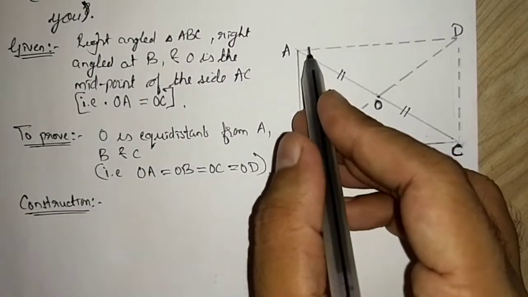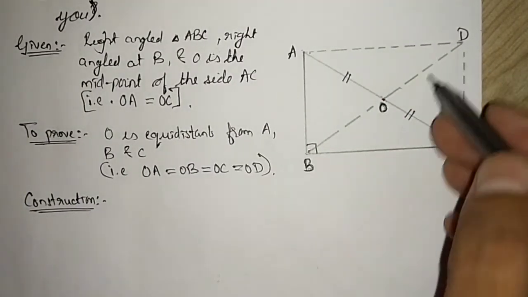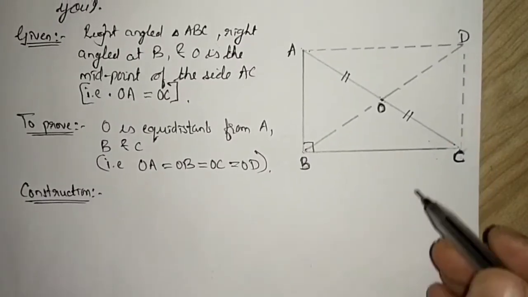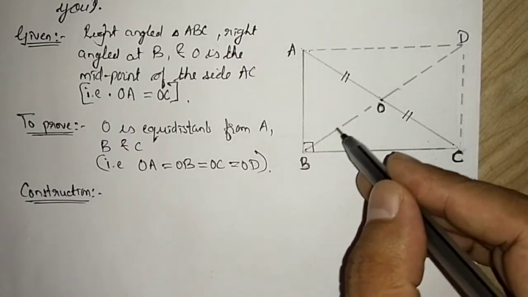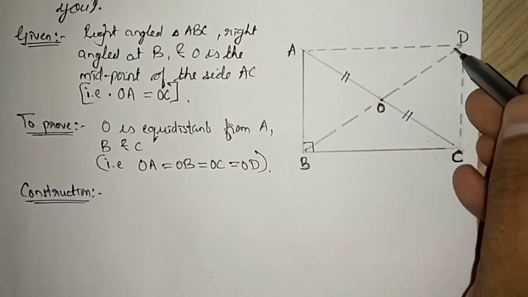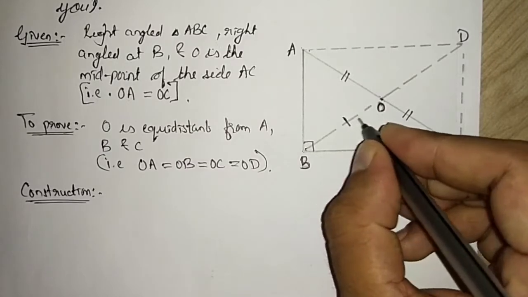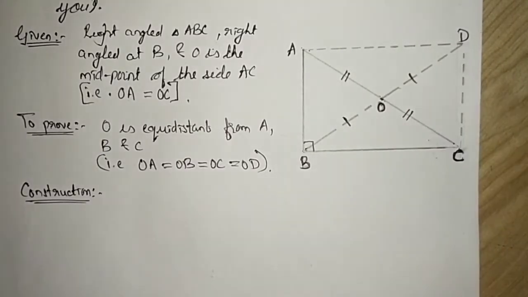Construction means whatever they have given us in the hint, we have to construct that. We have to extend that. So we will write, let us extend BO to D such that OB is equal to OD.